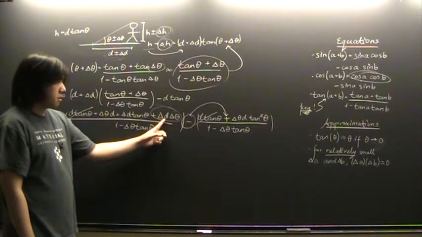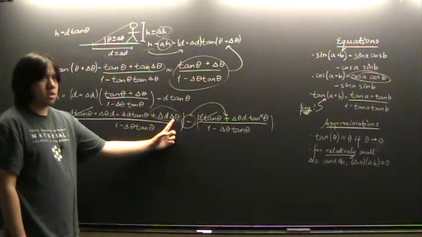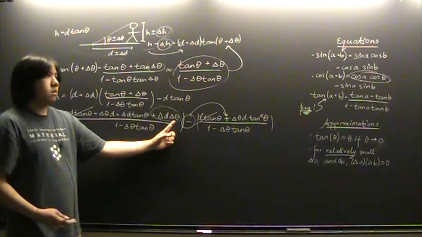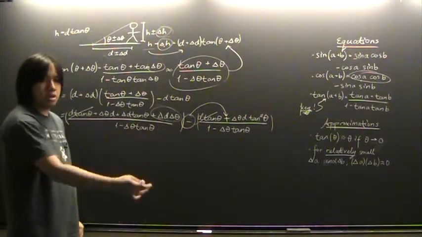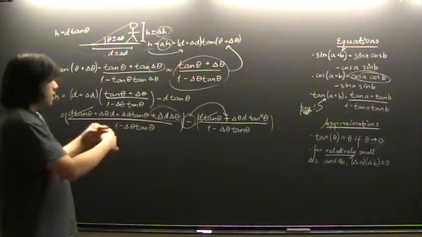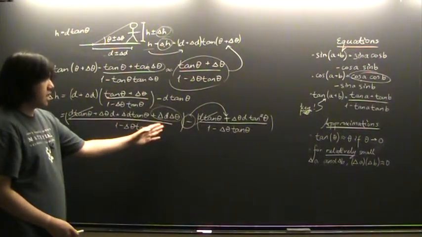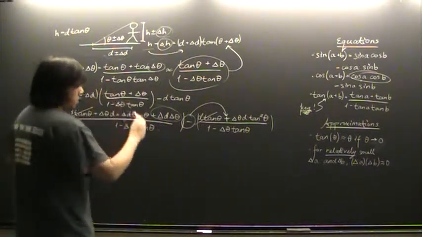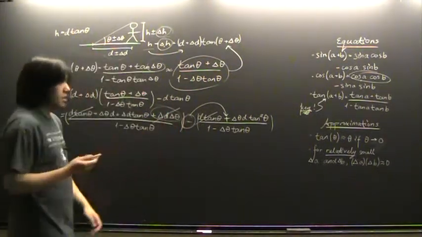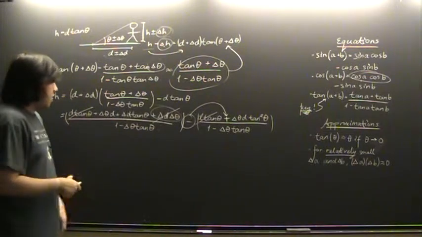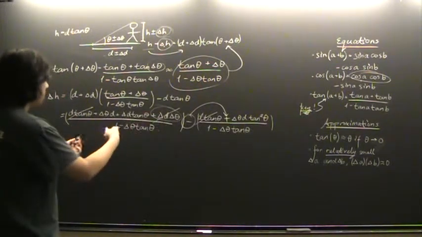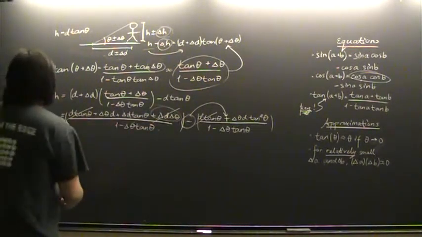Because a really small number times a really small number is going to get you a really, really small number, or one that almost approaches 0. It won't really matter in the grand scheme of things. So therefore, we can just approximate this guy, just for this equation, to be equal to 0. So we can cancel them out. And cool. That means we can combine these two to get our answer.